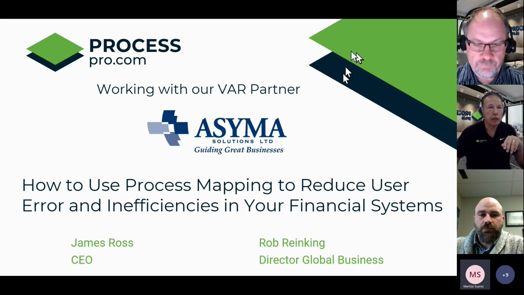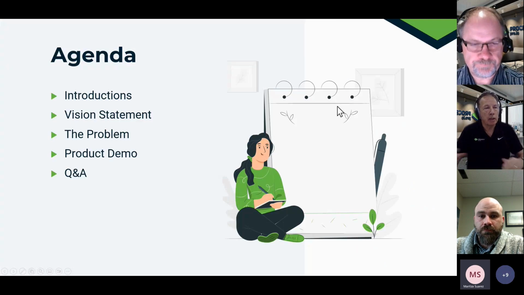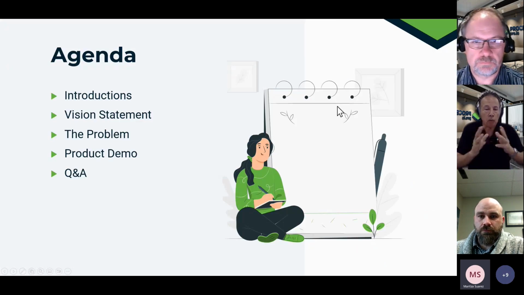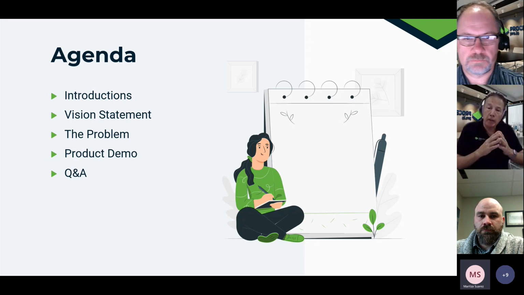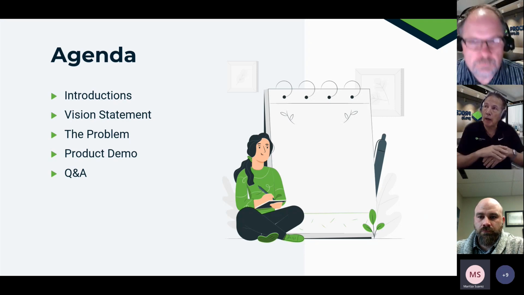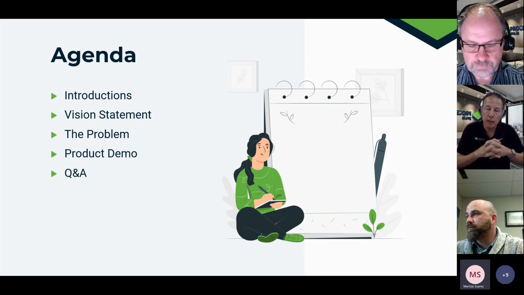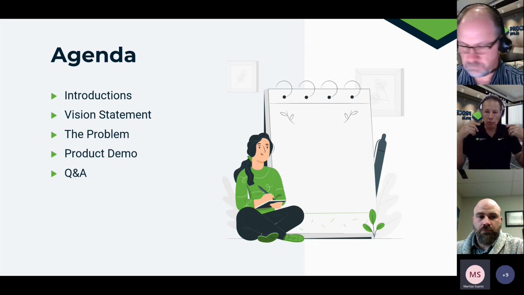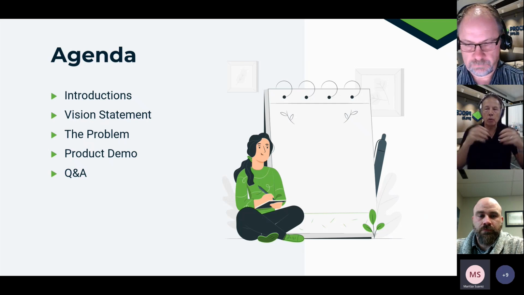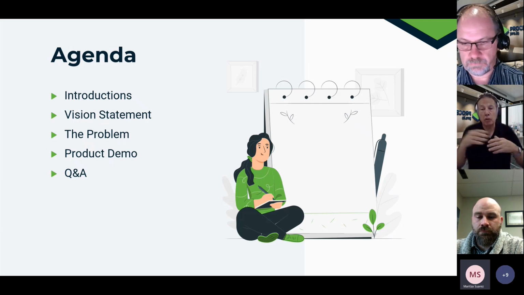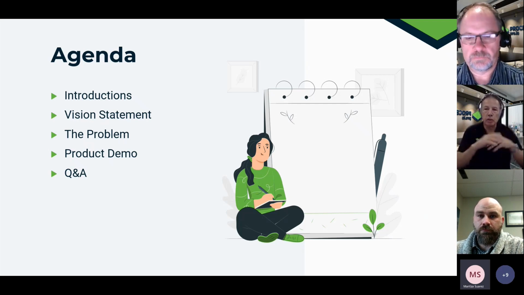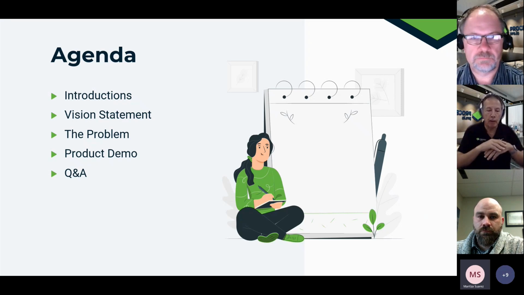So what we're going to go through very quickly is an introduction, our vision statement, and what we do. We're going to talk about the several problems we see from over 1,000 interviews we've had with customers around the world. We're hoping that you will sit back and absorb some of that, and look at your business, probably outside your department, and look at some of the departments that you have and how you do business.